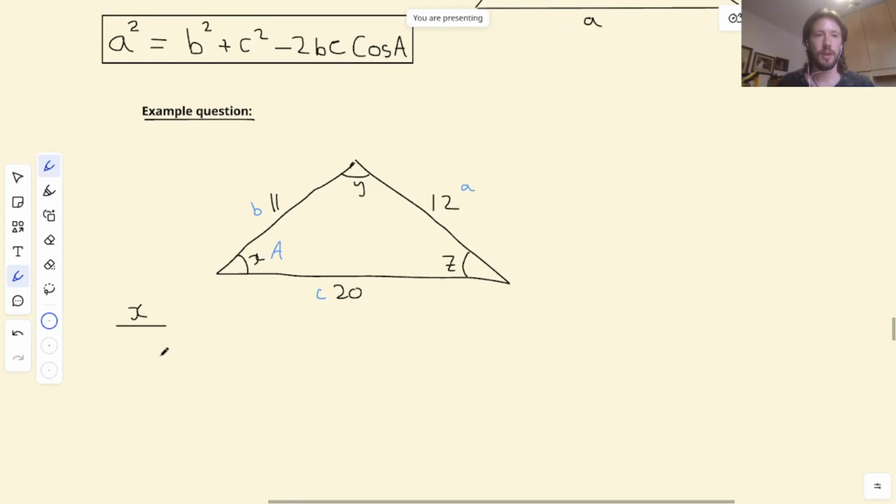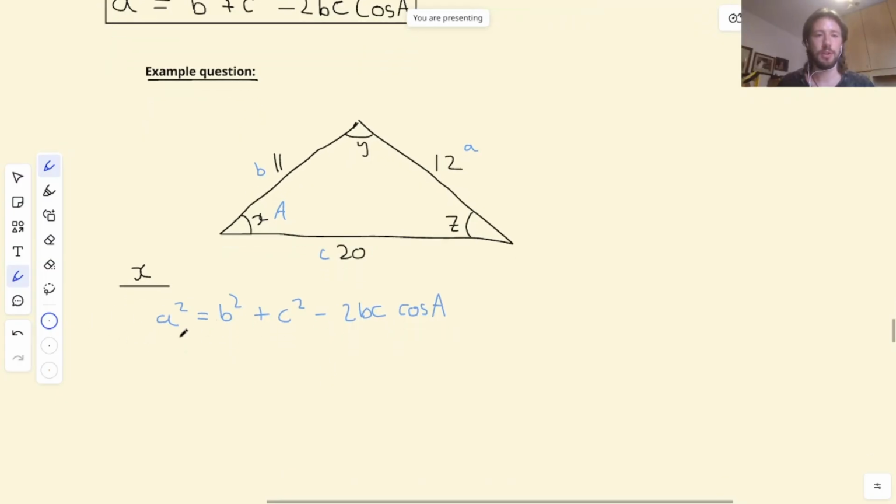So let's try that. a squared equals b squared plus c squared minus 2bc cos A. And now let's substitute the values that belong to each of these quantities. 12 for a squared is equal to 11 squared for b plus 20 squared for c minus 2 times 11 times 20 times cos of the angle that we want, X.